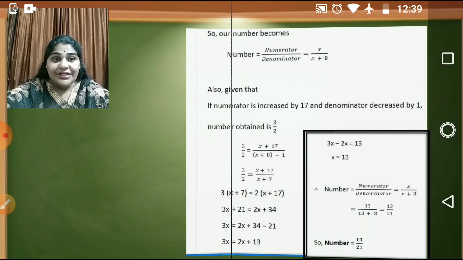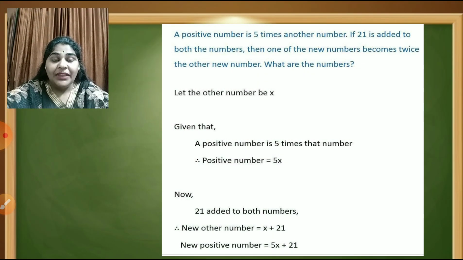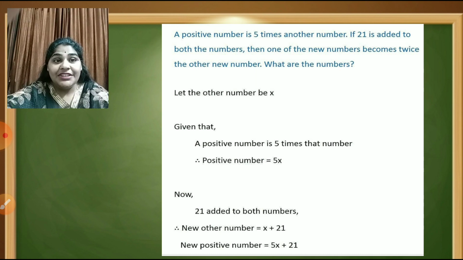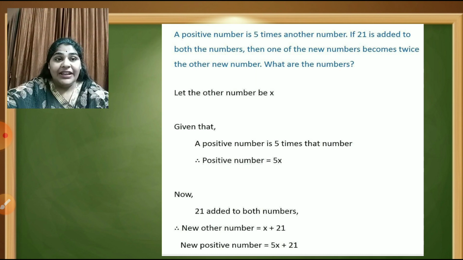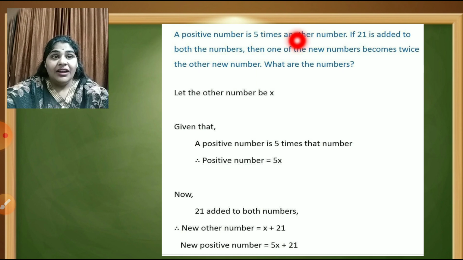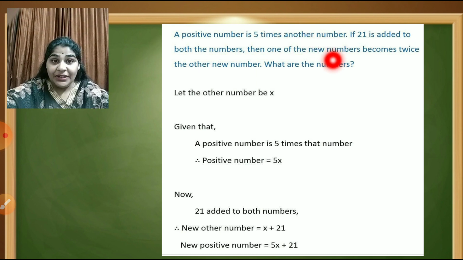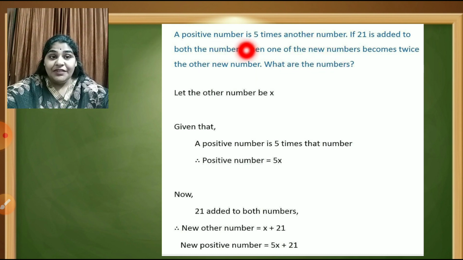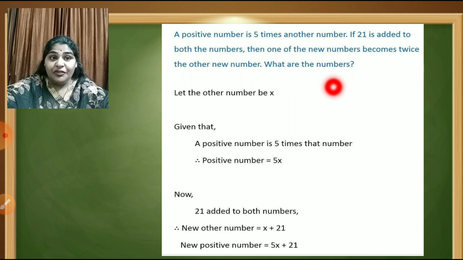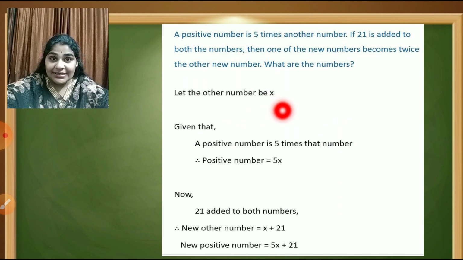Let us proceed. Yeah, the next one again, a positive number is 5 times another number. Now this is very important. A positive number is 5 times another number. So let us take first that other number as x. Alright.